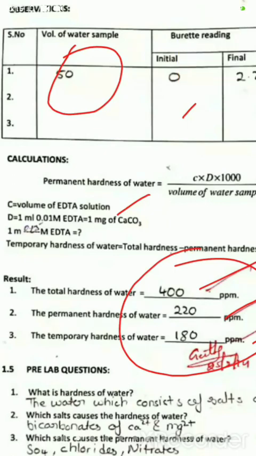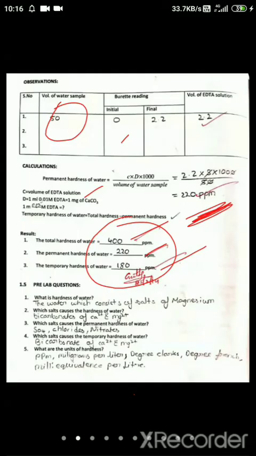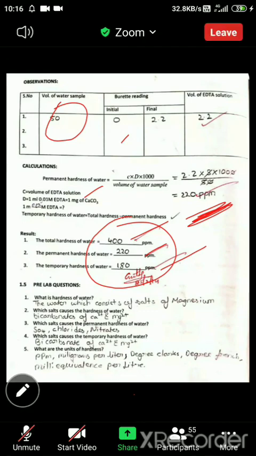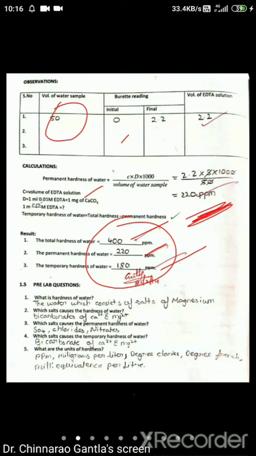Very simple. First is standardization of EDTA solution. Next step is estimation of total hardness. Third step is estimation of permanent hardness. For standardization of EDTA solution: ZnSO4 solution 10 ml, distilled water 10 ml, 3 ml of buffer, 1 or 2 drops of EBT, Eriochrome Black T indicator, in a conical flask.